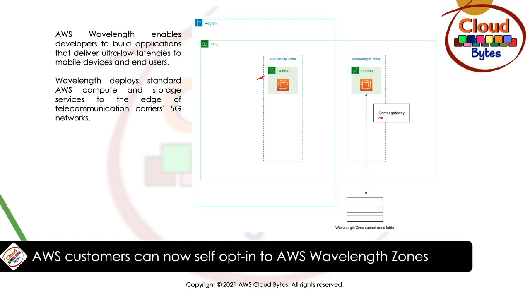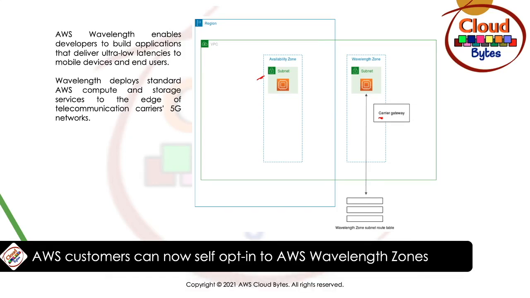Wavelength Zones are associated with a region. So a Wavelength Zone is a logical extension of a region and is managed by the control plane in the region. The carrier gateway serves two purposes. It allows inbound traffic from the carrier network to a specific location, and allows outbound traffic to the carrier network and internet.